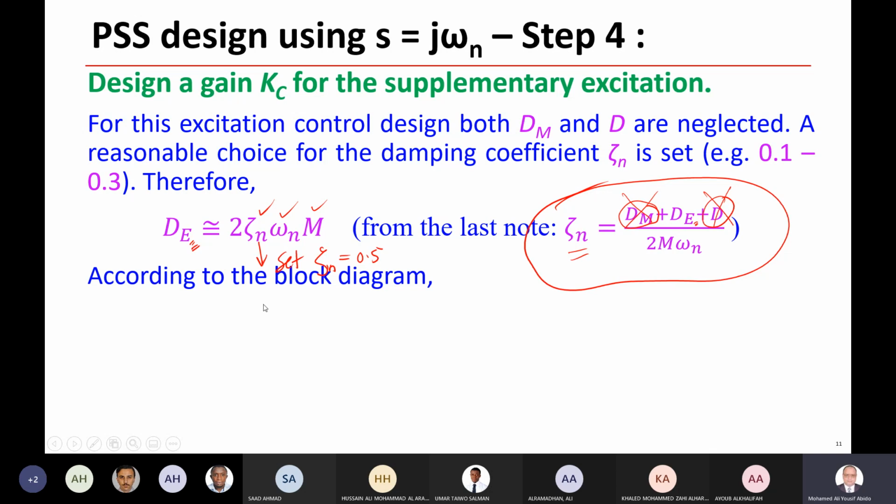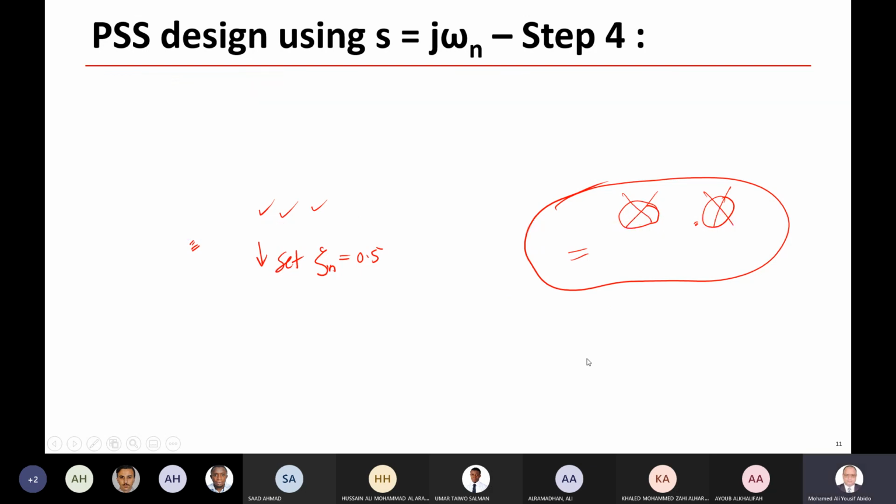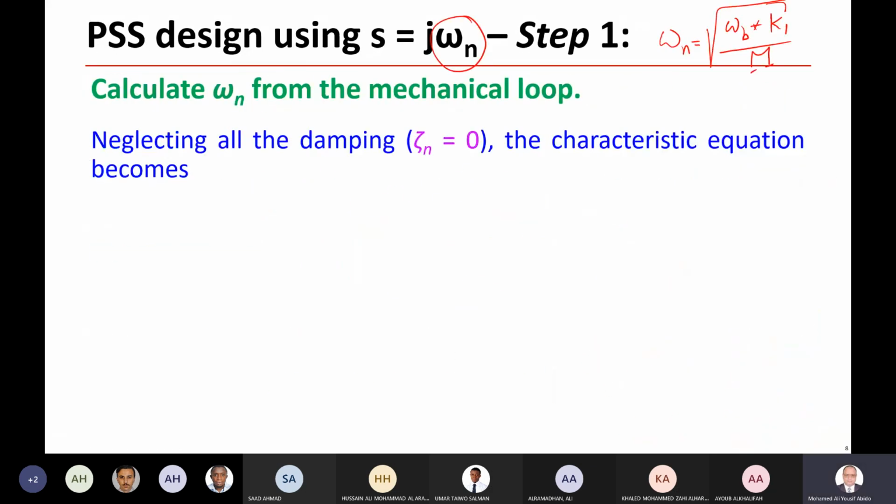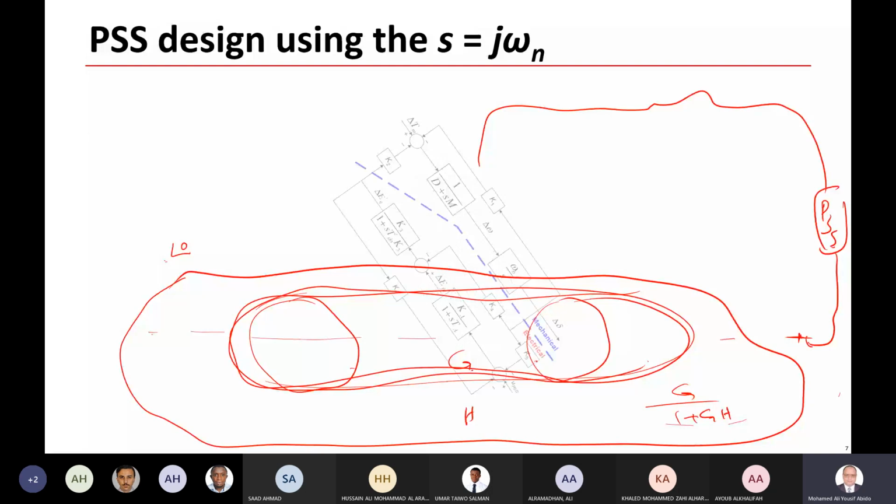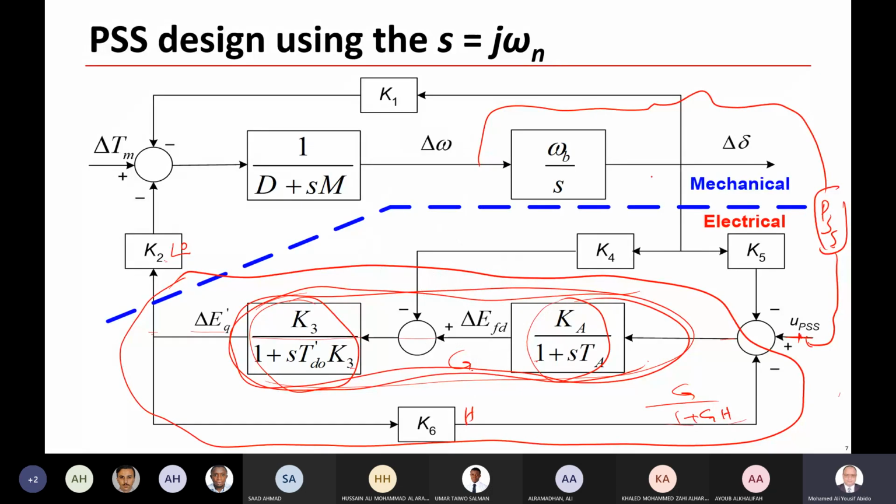If you look at the gain throughout the PSS, and if you look here at the complete gain of this loop, where is the gain? This is KC. We have a gain here, KC, or GC, of the power system stabilizer.